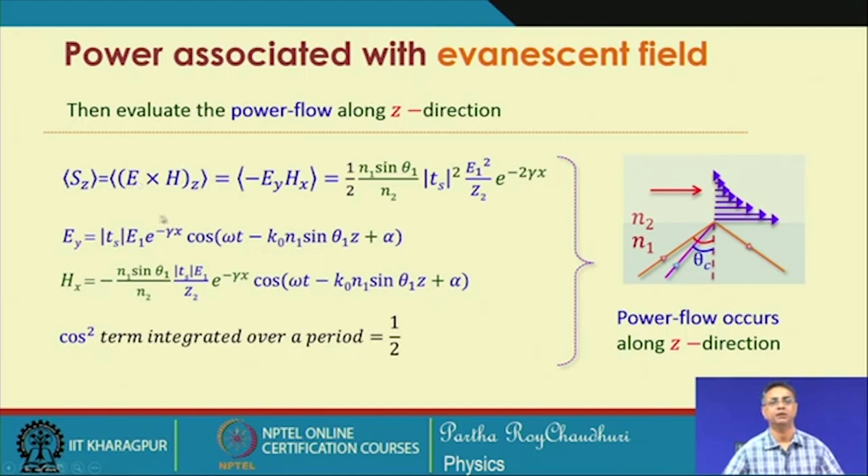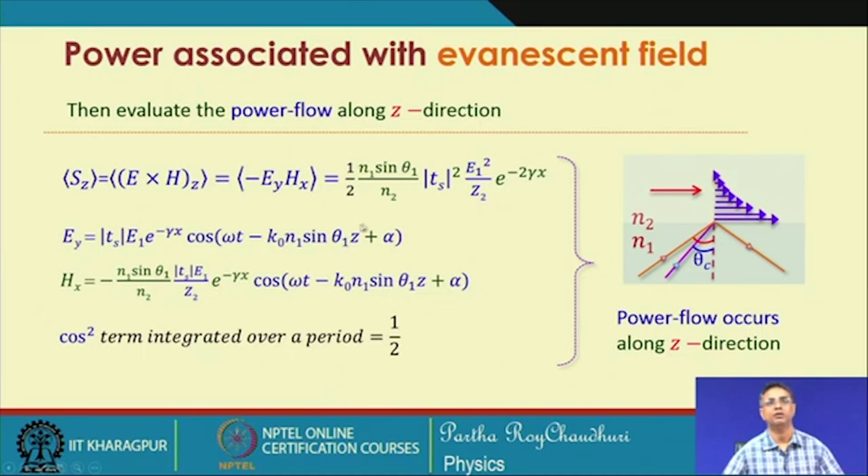So, we just calculate the z component of the Poynting vector, and this will give you minus Ey Hx if you simply open up the cross product and then take the z component. But this time the value is non-zero, and this quantity comes from that Ey. You know that there is a cosine factor involved with this Ey, and for Hx there is another cosine factor. Now, the time average of the cosine square term integrated over a period will be equal to half.